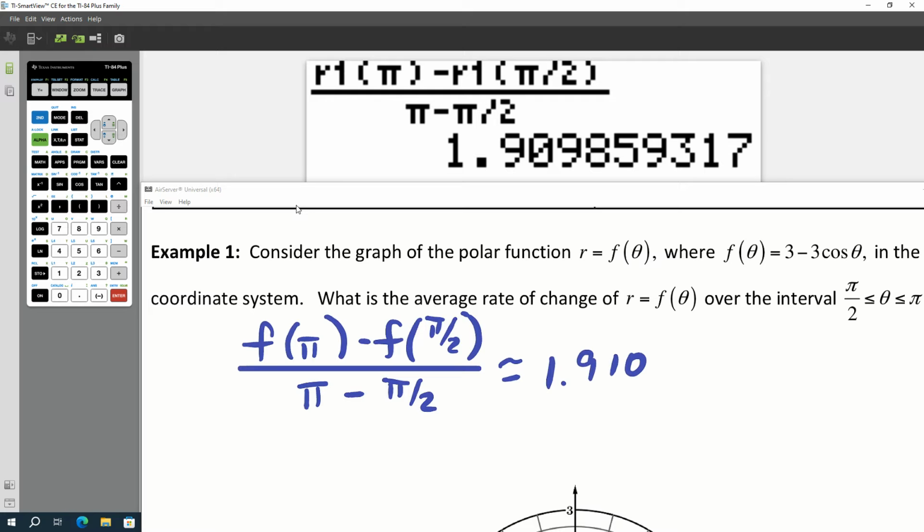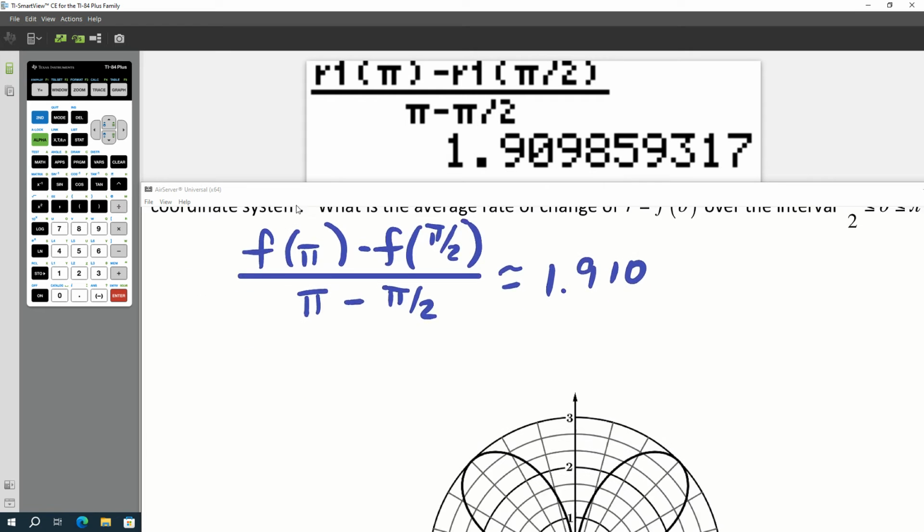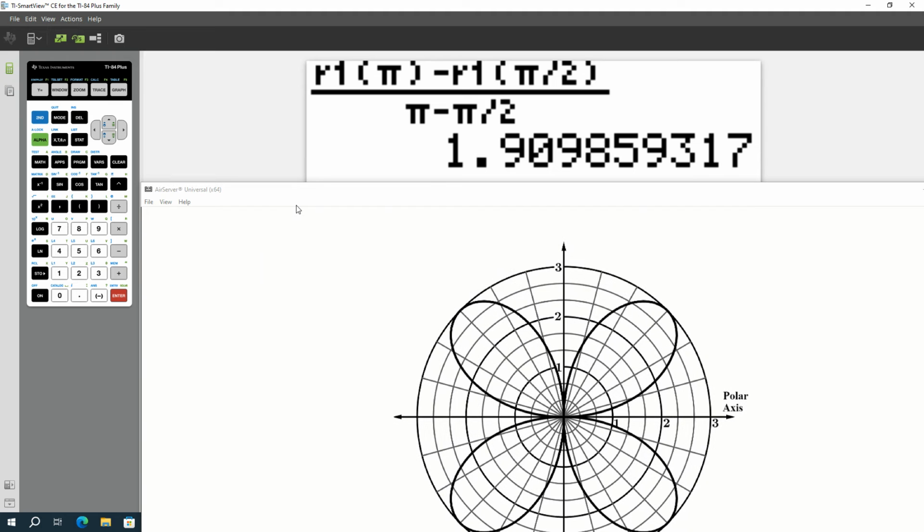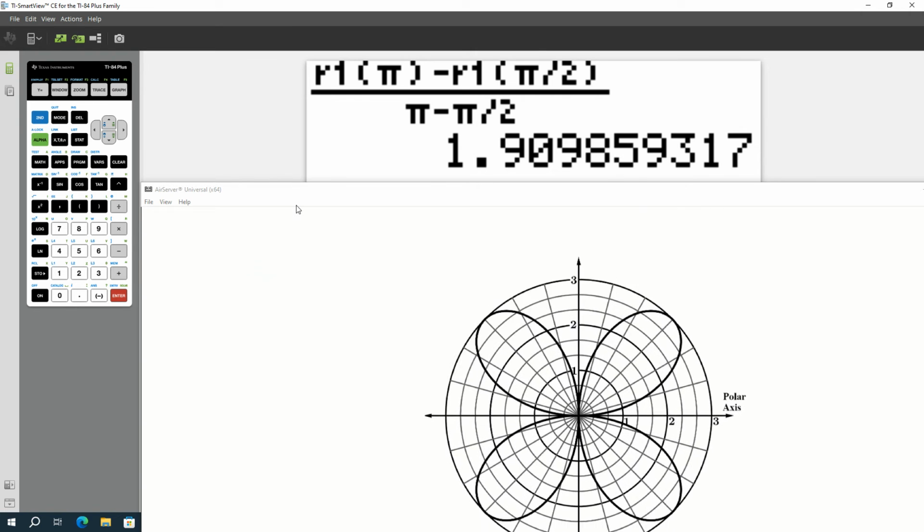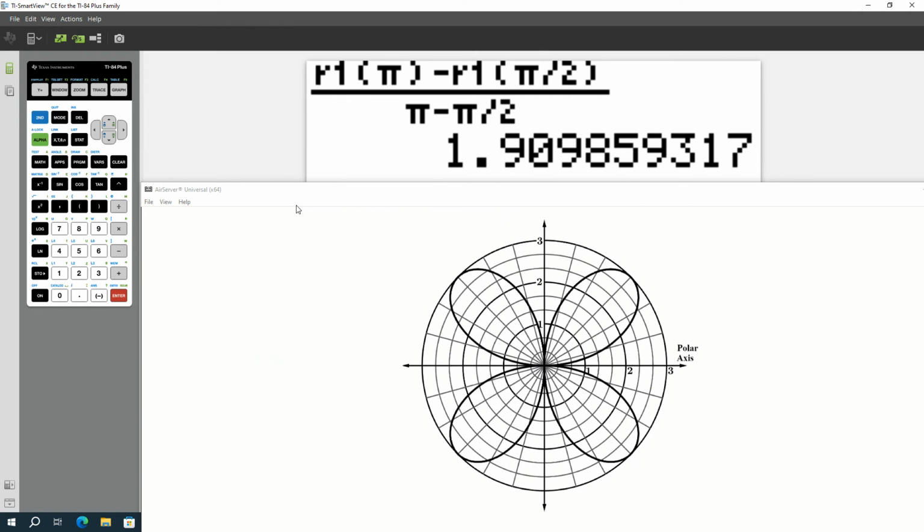Okay. Let's look at the next one. Now, these are kind of difficult to do whenever they give you the graph because the polar coordinate system is so different from the rectangular coordinate system. If this was a rectangular coordinate system and they were asking you which intervals the average rate of change is going to be 0, then you would just look for an interval where you got a horizontal line.